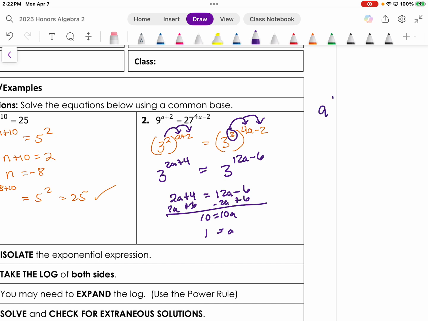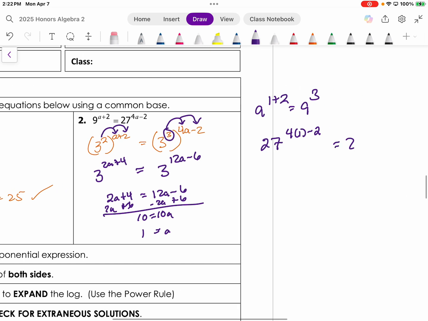Is 9 to the 1 plus 2, which is 9 to the third, equal to 27 to the 4 times 1 minus 2? So that would be 27 squared. I know the first one is 729, and 27 squared is 729. So, hey, it does work.